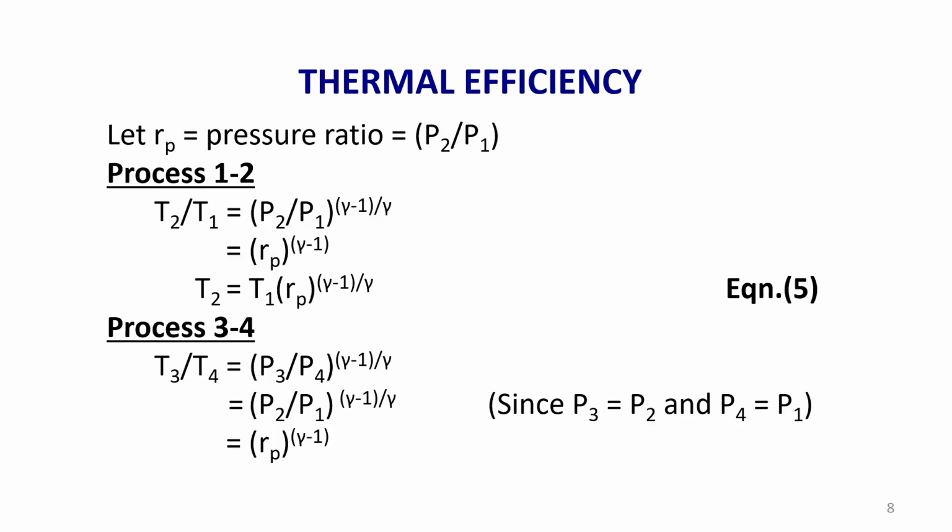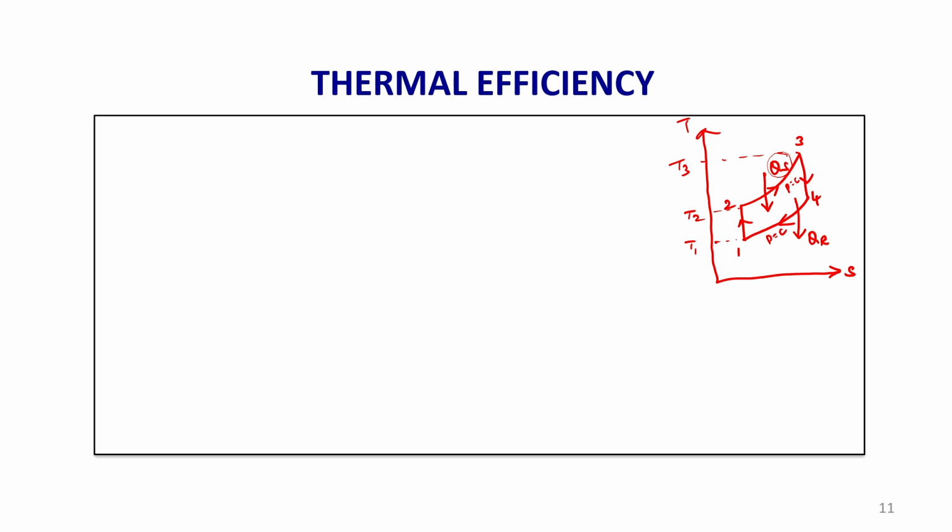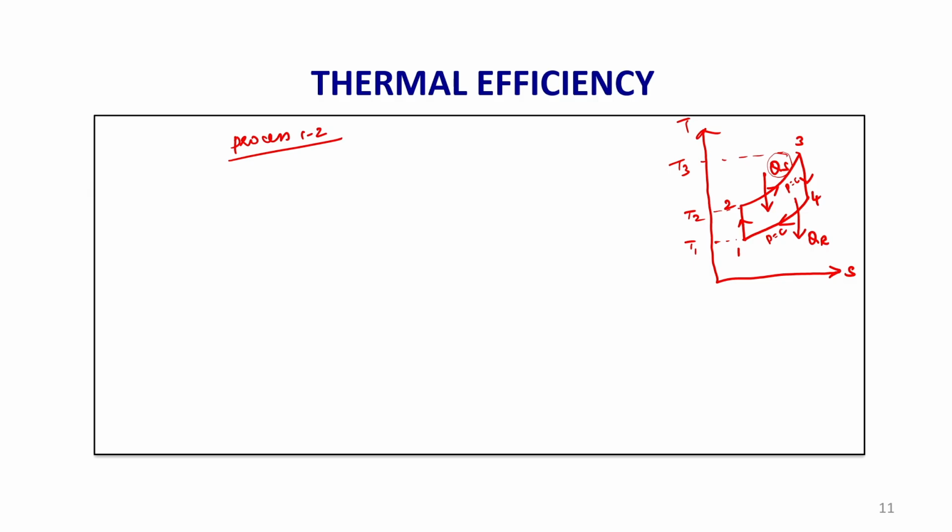So, now consider the process 1 to 2. 1 to 2 is isentropic compression of the working fluid. So, I can write the relation between temperature and pressure. T2 by T1 is equal to (P2 by P1) whole power gamma minus 1 by gamma.